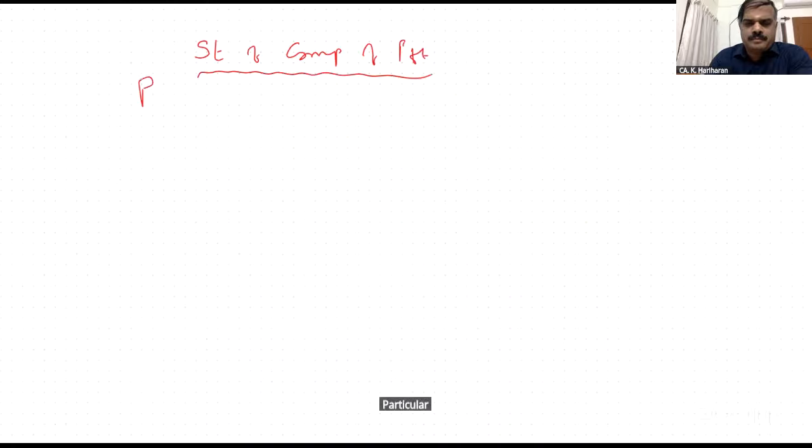Statement of computation of profits. Particulars: current situation, and revised situation.